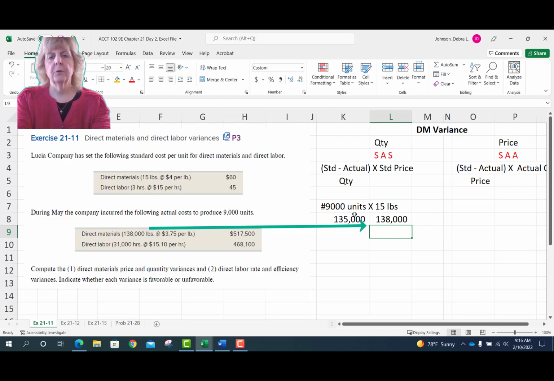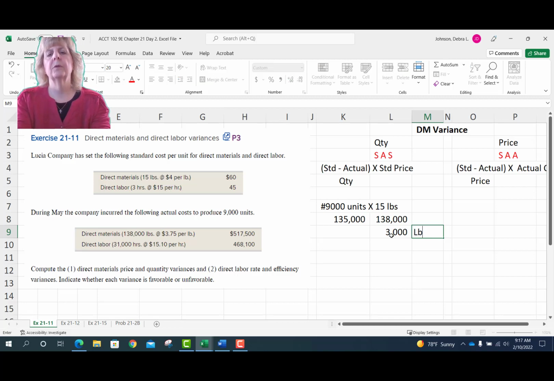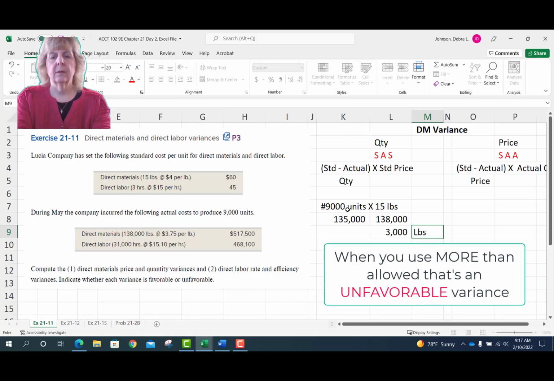Here's how many pounds we were allowed to use, and here's how many pounds we did use. You can see that we are 3,000 pounds above the allowance. That is deemed an unfavorable variance. Anytime you use more than you were allowed to spend, that costs the company money.